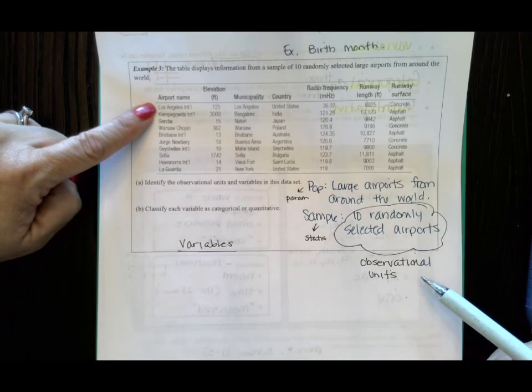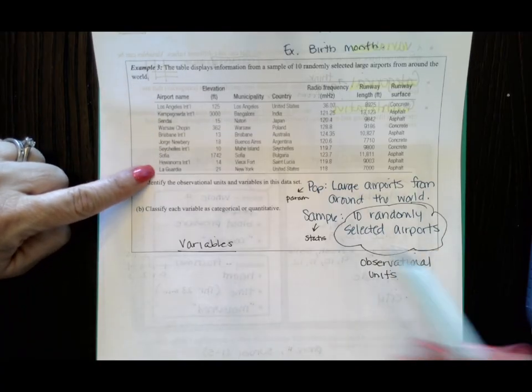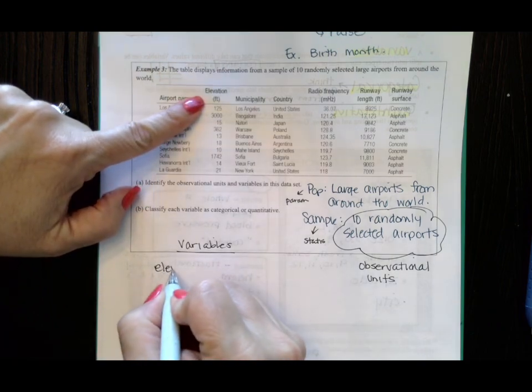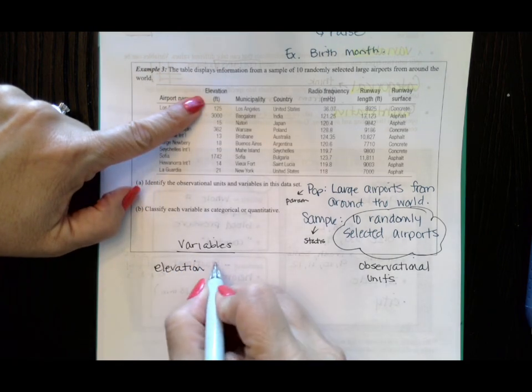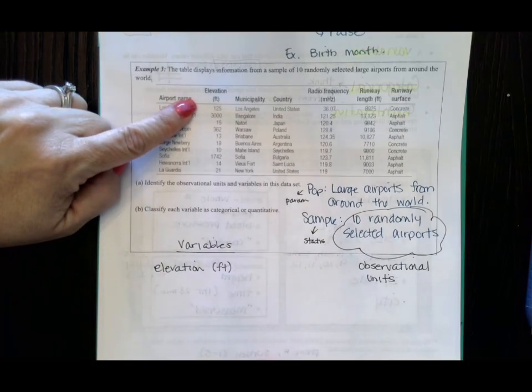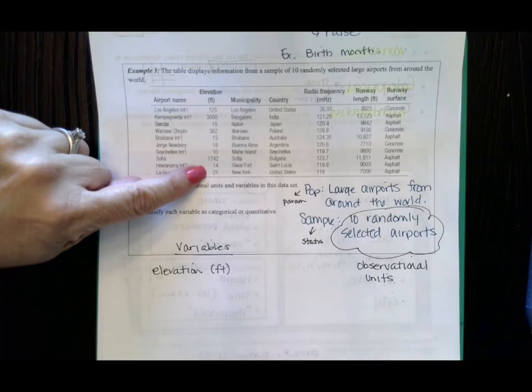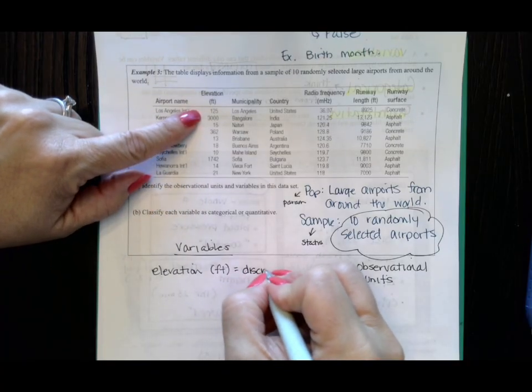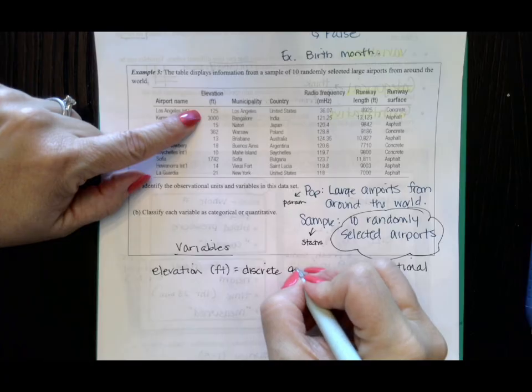So the airport name is not a variable. But I do have elevation. And when I list a variable, I'm going to list a unit if it gives me one. So elevation in feet. And if I look at this right here, these are all whole numbers. So I'm going to say that this is discrete quantitative.